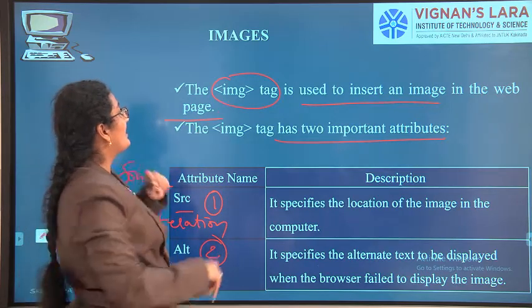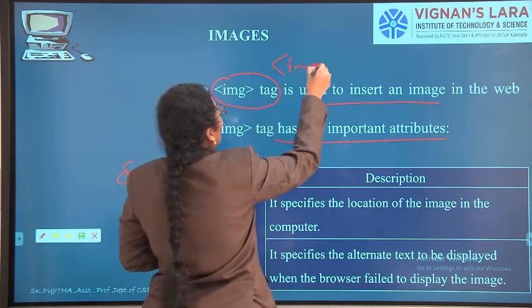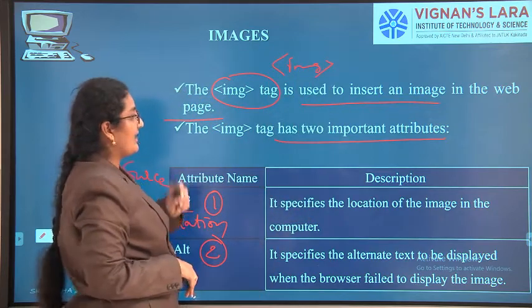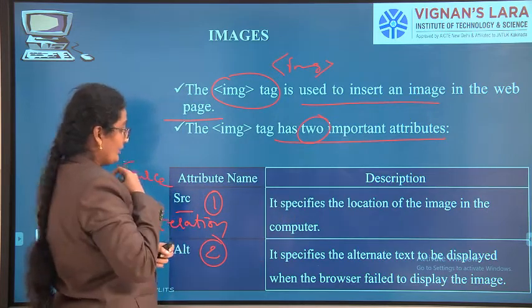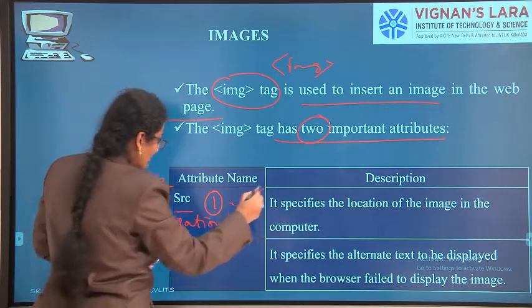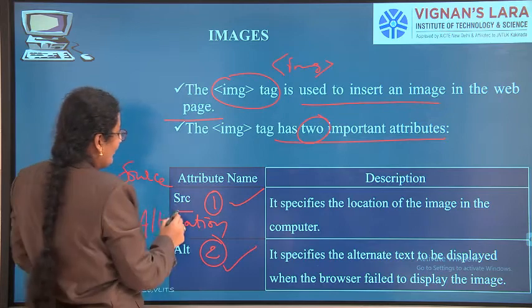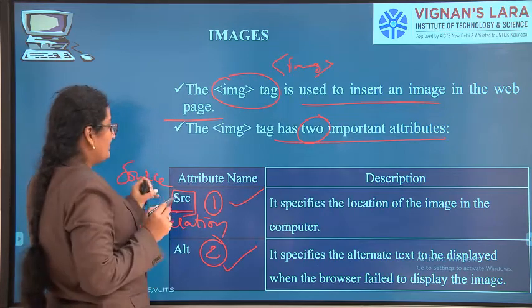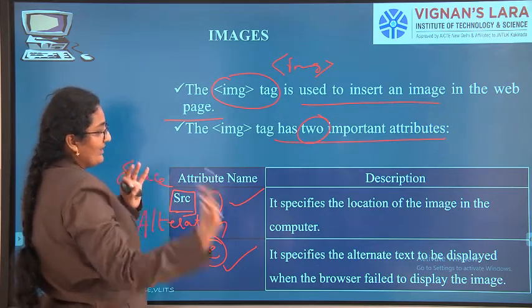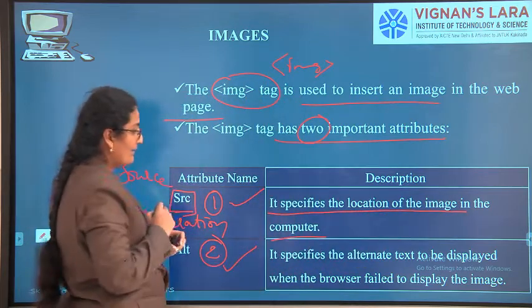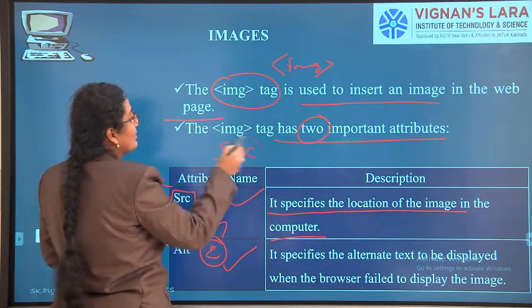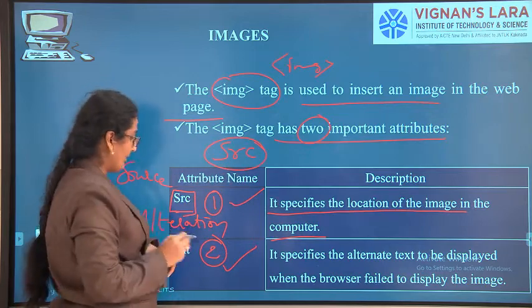See, img is the tag used to insert images in web pages. The source attribute will specify the location of the image in the computer. Source is used to tell the location of the image in the computer.